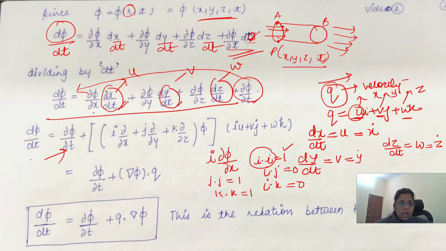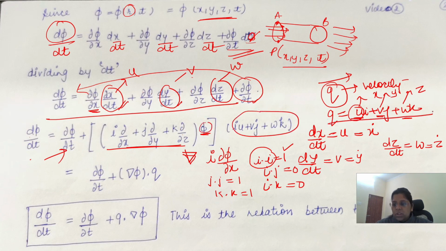So I can write del by del x i, del by del y j, del by del z k, take phi common, and this is u, v, w, so ui plus vj plus wk. Now it is del phi by del t plus this is del, the gradient operator, on phi, dotted with the velocity q, which I just told you.